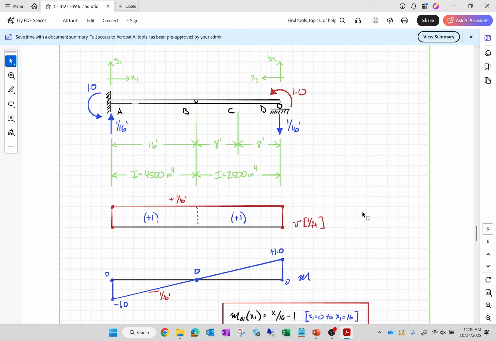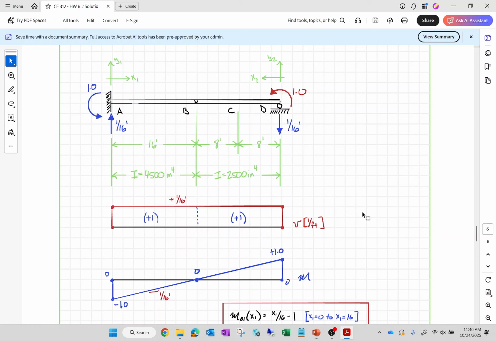Something has to rotate it like that. So let's assume dy is going like that. So dy times, I'm sorry, I said x2, but I cut the section at the hinge. This is 16 feet. This is 16. So dy times 16 is 1. Dy is 1 over 16.